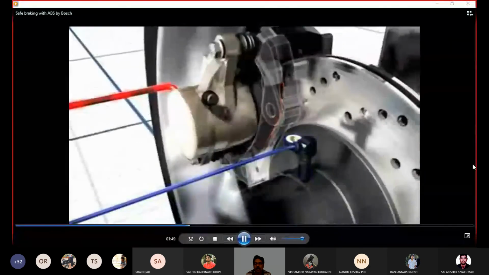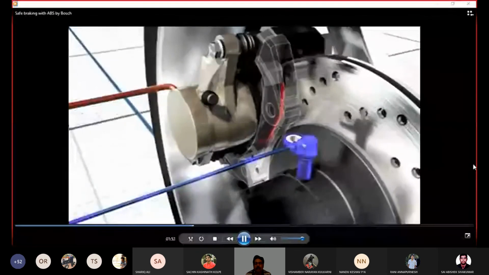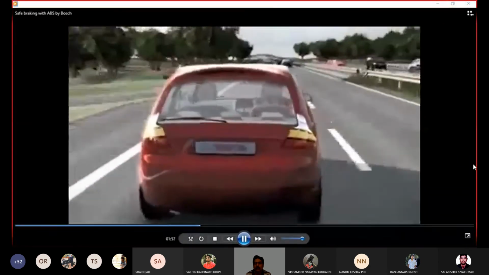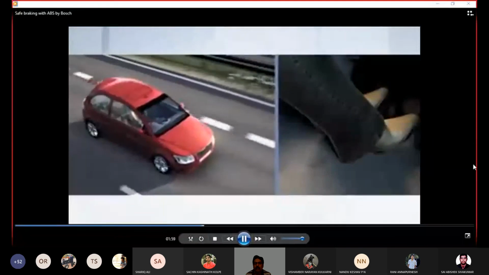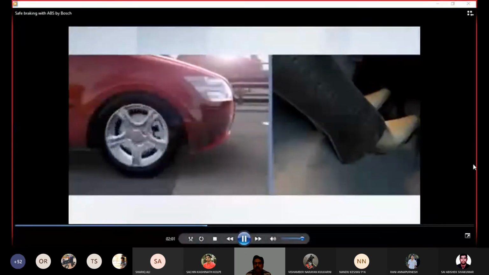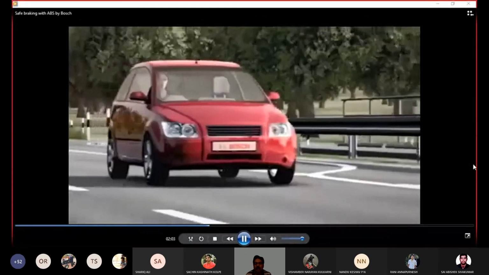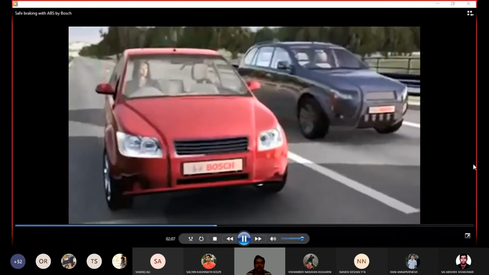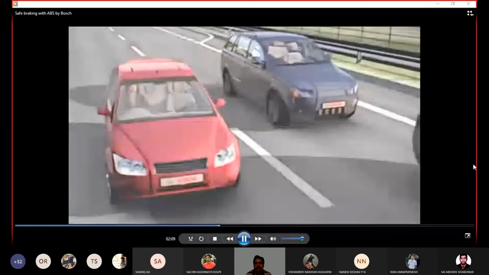ABS can regulate each individual wheel within milliseconds. With the electronic anti-lock braking system, a sort of electronic intermittent braking, ABS achieves stability and steerability with the shortest possible braking distance. Let's have a look at the ABS benefits in practice.